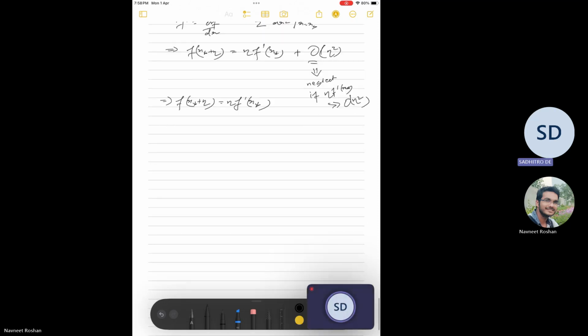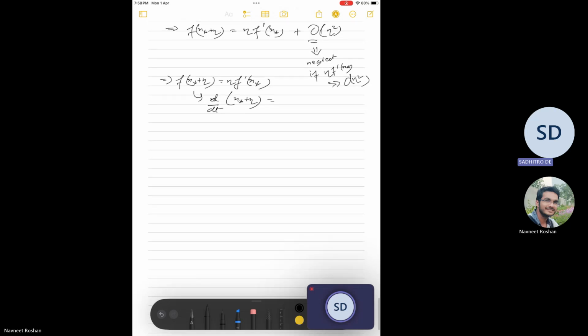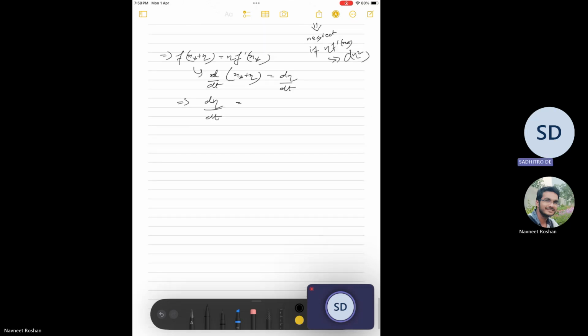Okay. Now the left hand side is nothing but d dt of x star plus eta, and x star is a fixed point, so d dt of x star is 0. So this is basically equal to d eta by dt, or in other words we have d eta by dt is equal to eta into f dashed x star.